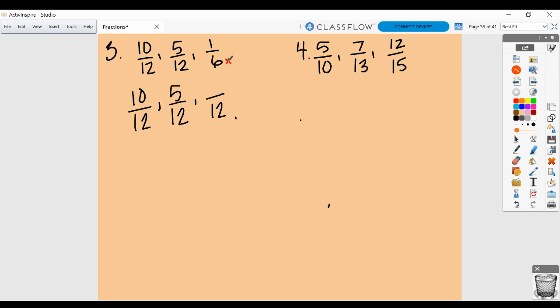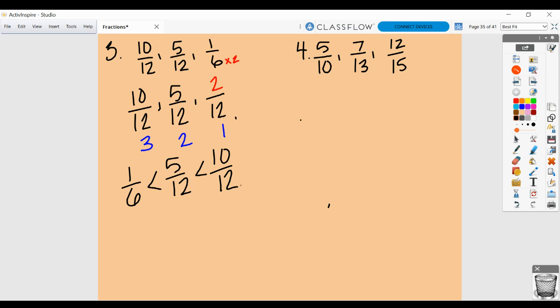So 6 times 2 is 12, so 1 times 2 would be 2. Now when you look at these to put them in order, 2 comes first, then the 5, then the 10. So we would have 1/6, which is less than 5/12, which is less than 10/12. That one was pretty easy.